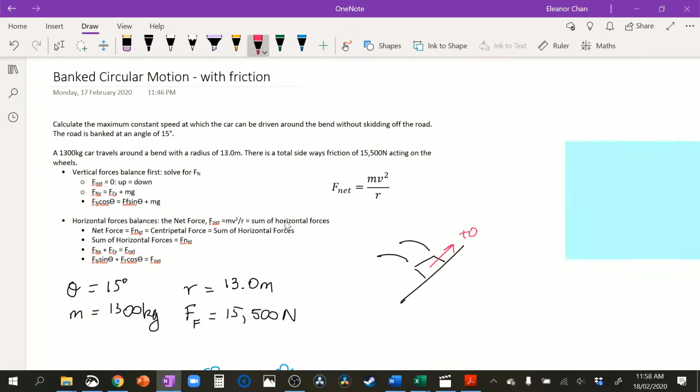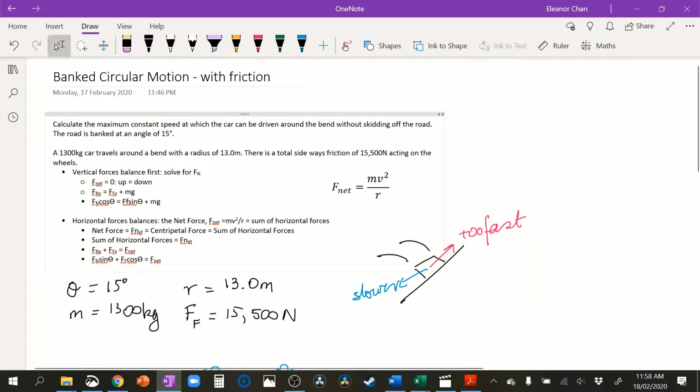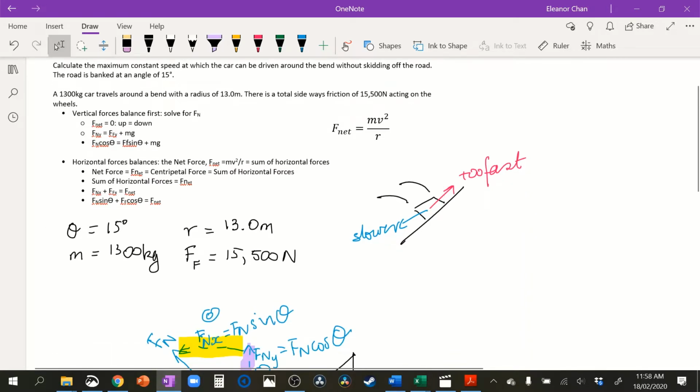So if it's too fast, it won't go around the bend. But if it's at the maximum design speed, or if it's slower, then it'll go around the bend. You'll turn into the bend. So that's what we're thinking about, and that's the thing we need to worry about.